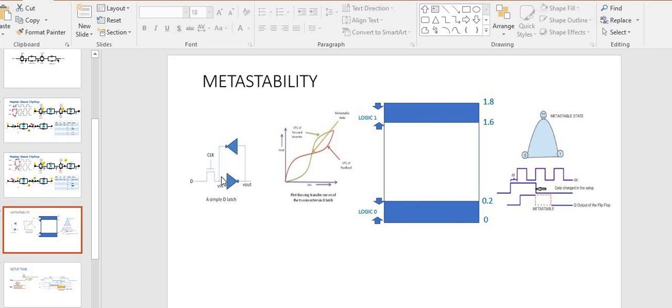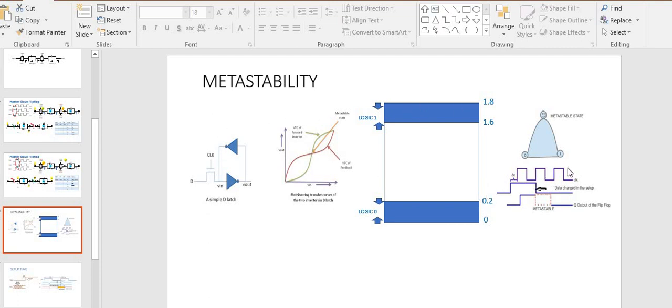After some time, another inverter is there, and this will oscillate. After some time it will go to either 0 or 1. The inverter was not able to recognize that value as either 0 or 1. That state is metastability.